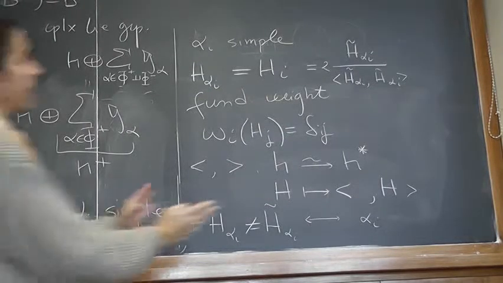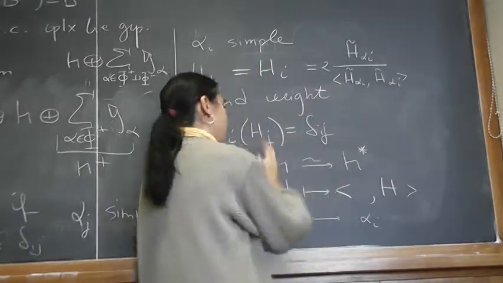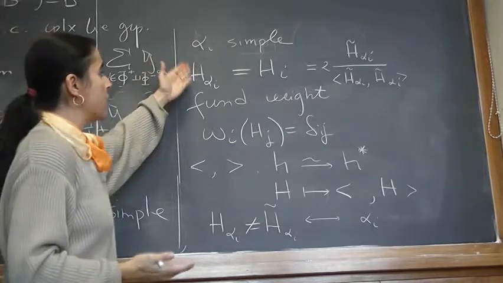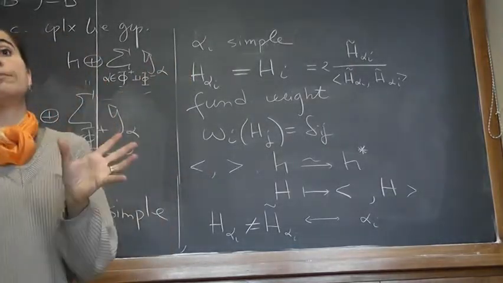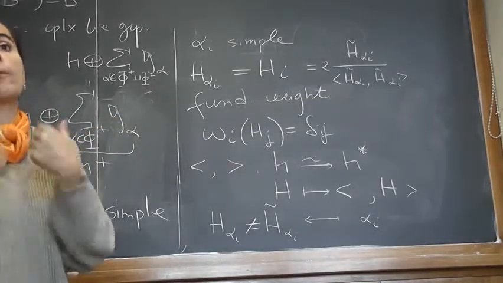So the Cartan-Killing form establishes a one-to-one correspondence between H star and H, except that this H alpha I is chosen to make the SL2. So we are forced, if we want to have the SL2 rules, to renormalize.